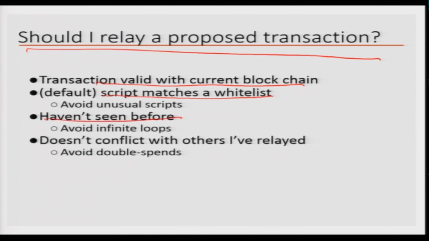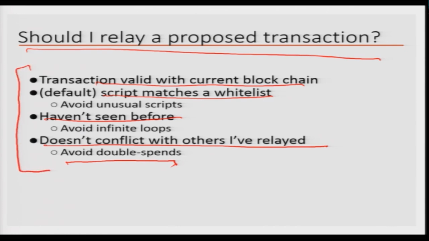They must make sure that this is not an already seen transaction, because if they still forward it, an infinite loop will be created. Anything you have seen before, you are not going to forward, because you have already forwarded it or got it from your neighbors. And it must not conflict with others they have relayed, so this avoids the double spend.